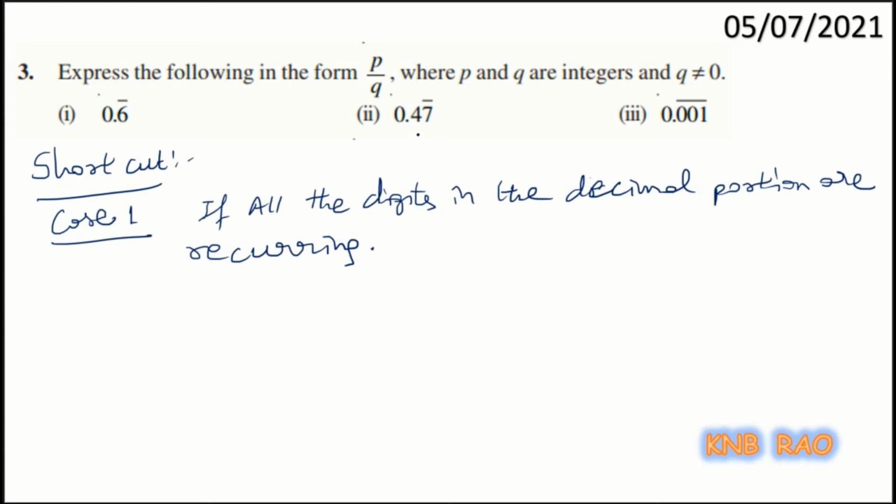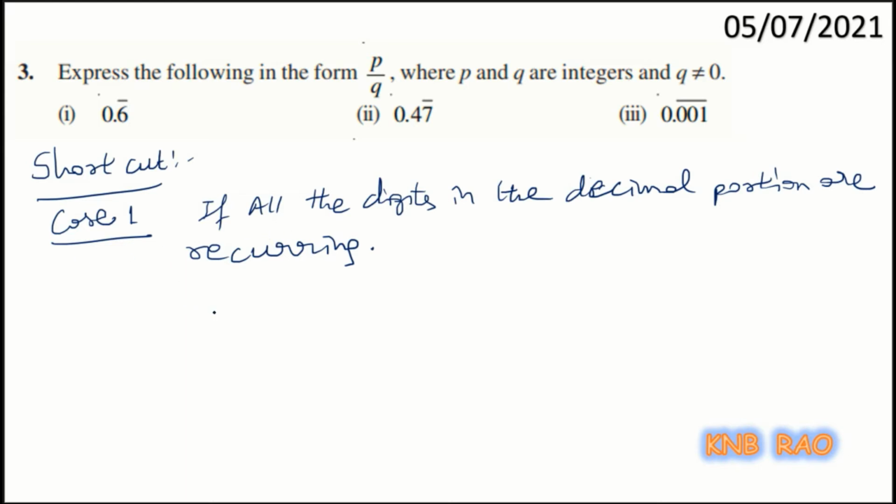Okay, this comes under case 2. Where in this, in the decimal place I have got 0 0 1, all 3 digits, that is 0 0 1, are repeating in the same order. So, this is again case 1. Okay. So, this is the one important thing you have to understand.